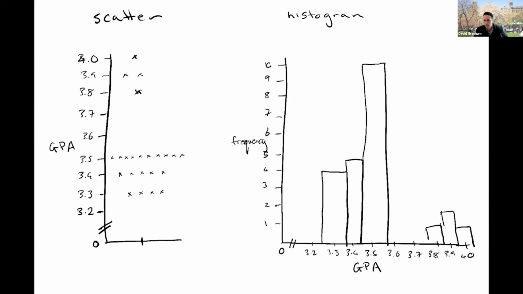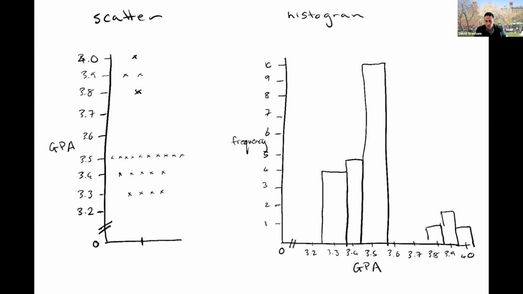And what is one major advantage of the histogram over the scattergram or the scatter plot that I've shown? I think the relative sizes are shown more clearly on the histogram than in the scatter plot. Right, so it's easier to see the difference between the different GPA scores, perhaps, by looking at these bars rather than counting up the points.